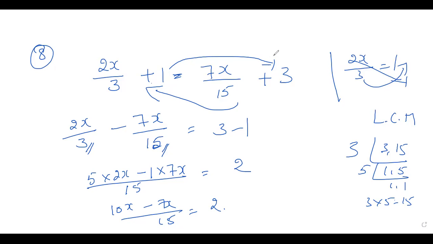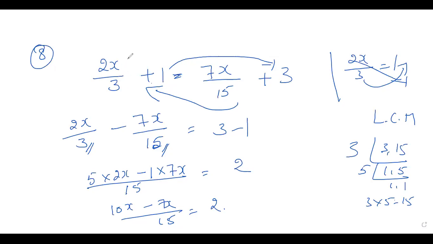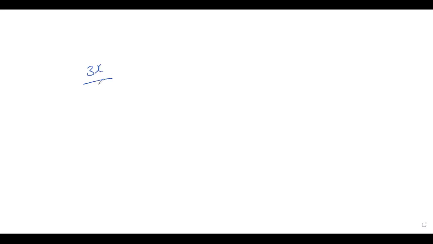Next, 10x minus 7x, that is 3x. 3x by 15 is equal to 2. Okay children, see there are no other terms.